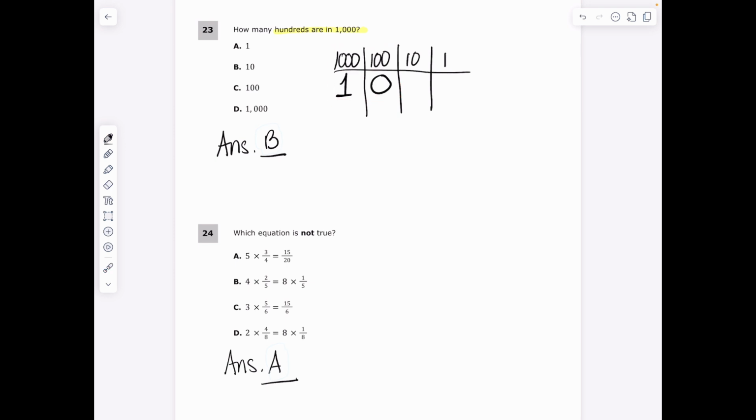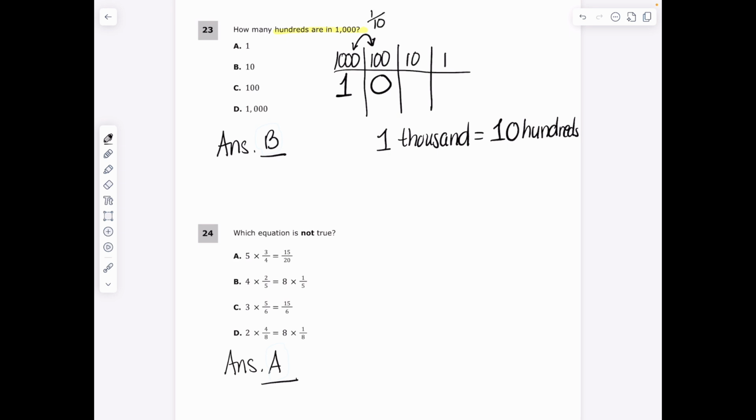I would have this many. So 1,000 is equal to 10 hundreds. And that makes sense because I know that there's a magnitude of 10 here.